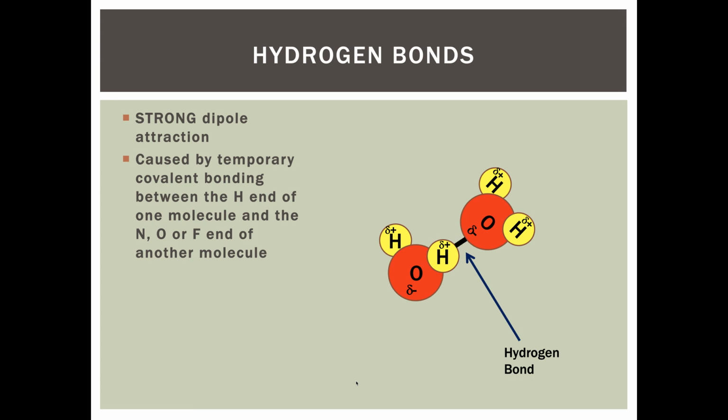And therefore, in transcribing the DNA, you have much less of a chance of making errors. Now, hydrogen bonding will happen in any molecule where you have hydrogen on one end of the molecule and either nitrogen, oxygen, or fluorine on the other end. Those are the only instances where hydrogen bonding will take place.